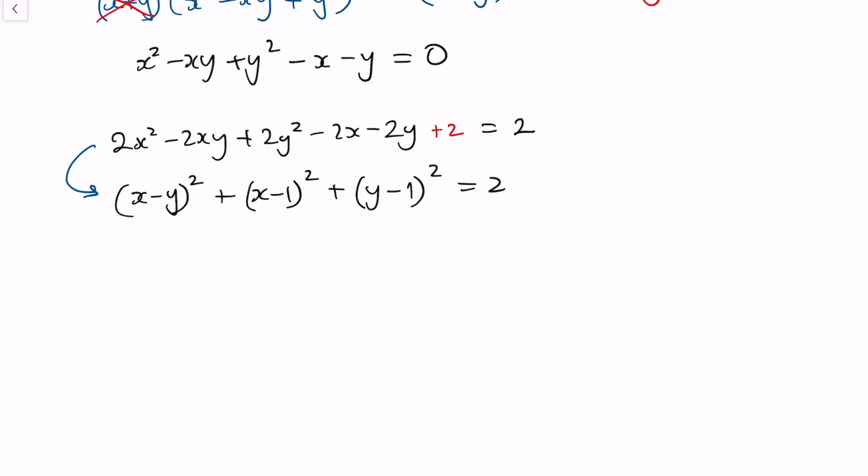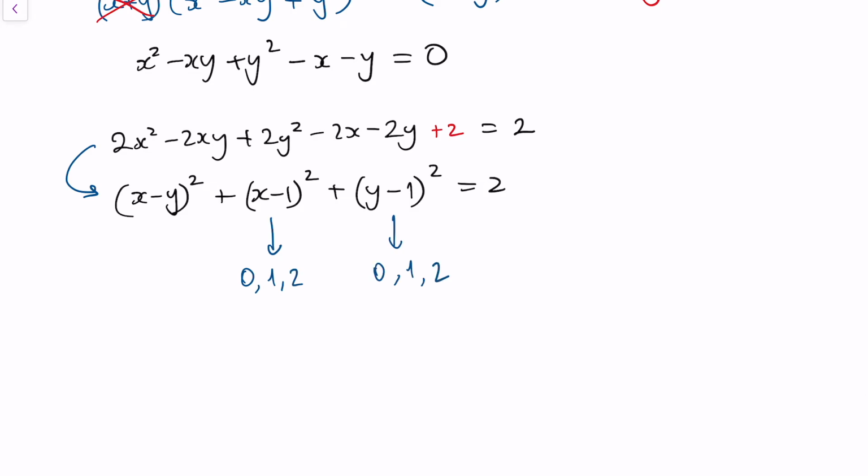So what do we do next? Since x and y are integers, x minus 1 and y minus 1 must also be integers. Now we are squaring them, so the only possible values x can take are 0, 1 or 2, and the same applies to y.